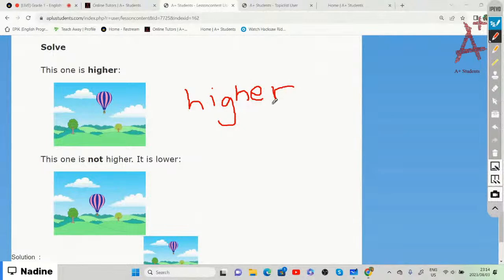So higher. And in this case, we are comparing two pictures, or two hot air balloons. So when we compare two people, or in this case two things, it's a comparative adjective. And with comparative adjectives, the word ends in er. So this one is higher, and this one is lower.